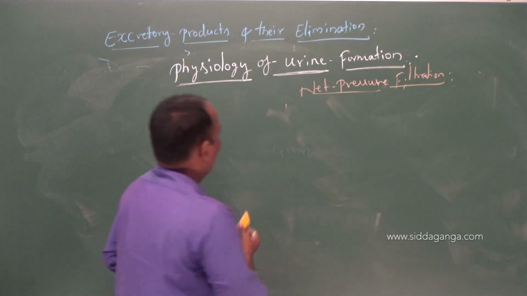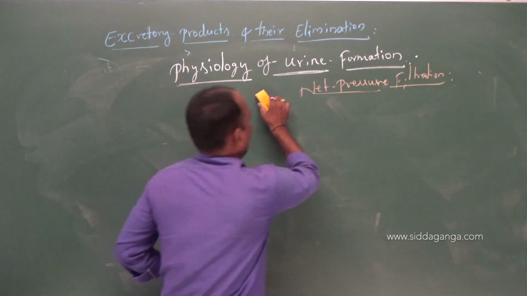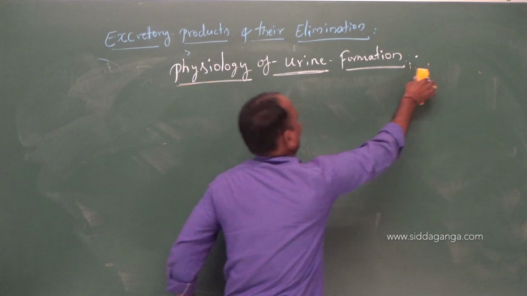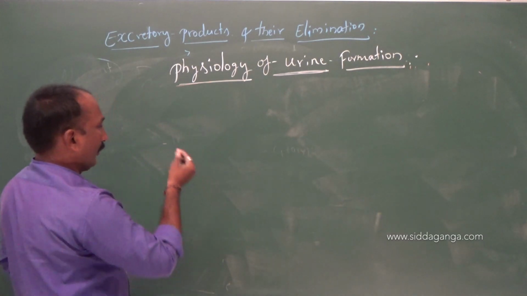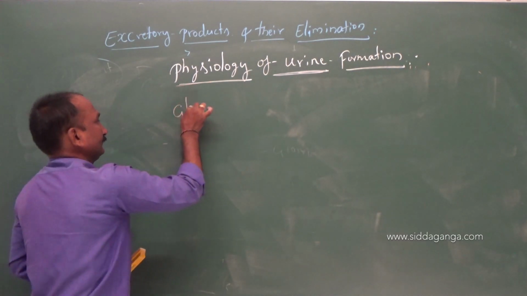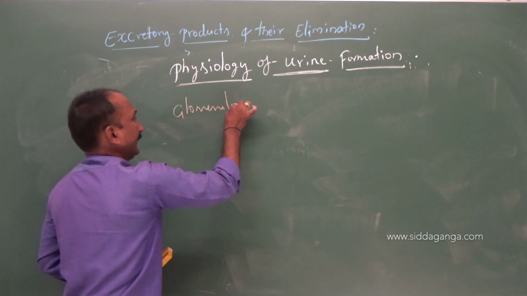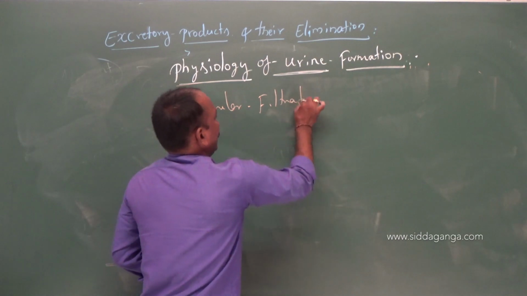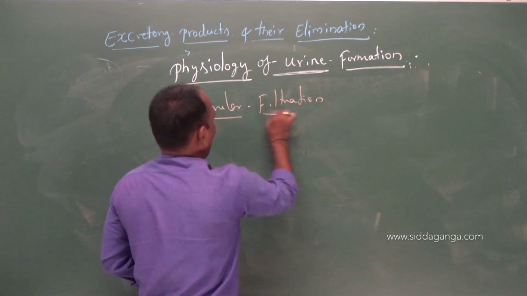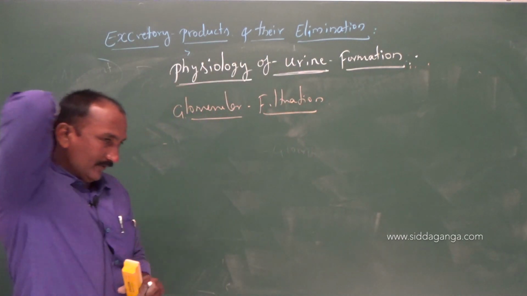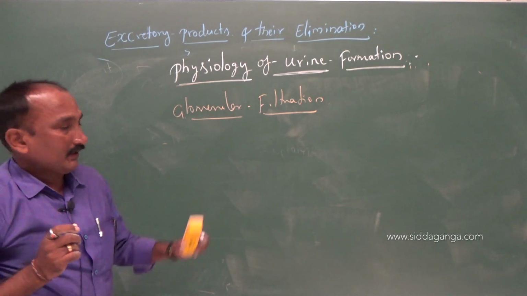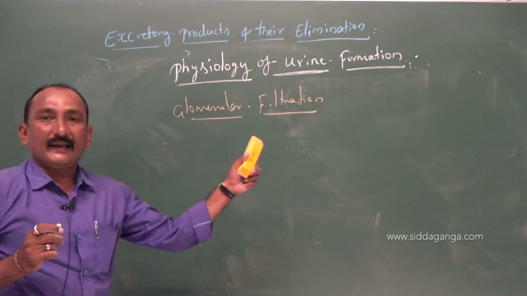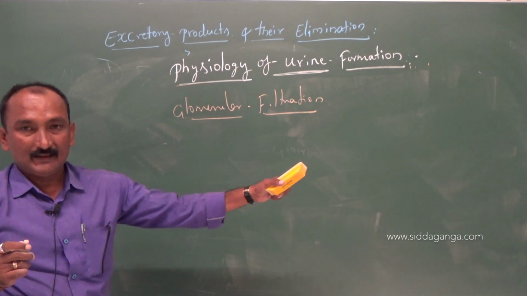Okay, that is the first step in urine formation, the glomerular filtration. It is not yet completed. The first step is the glomerular filtration, the filtration of the blood from the glomerulus under the influence of three pressures.